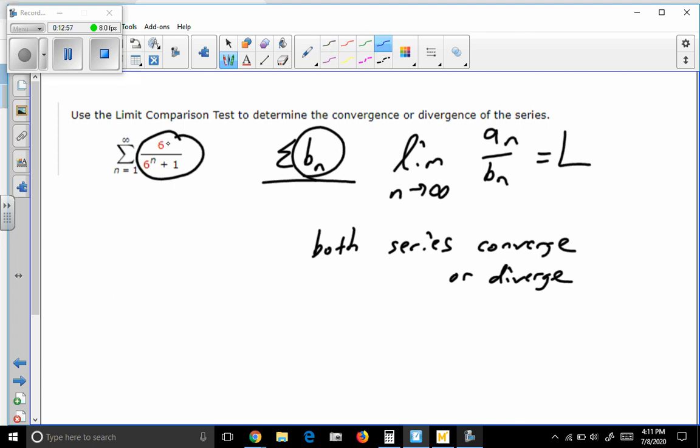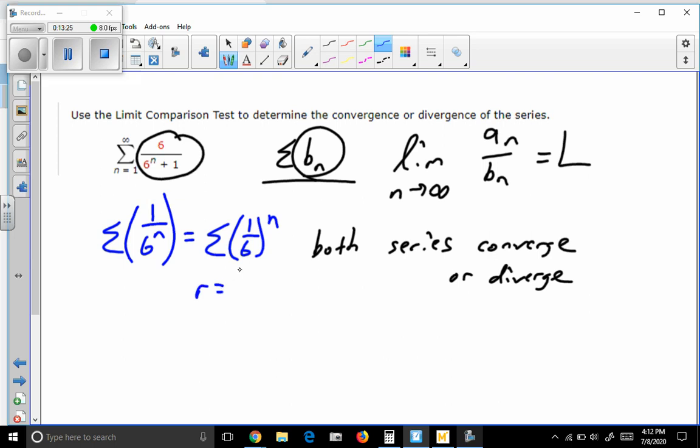So we want to pick something that we can use to compare this to. So let's compare it to the series, let's say 1 over 6 to the n. This is a geometric series. This could also be written as 1/6 raised to the n power, because 1 to the n is 1, 6 to the n is 6 to the n.